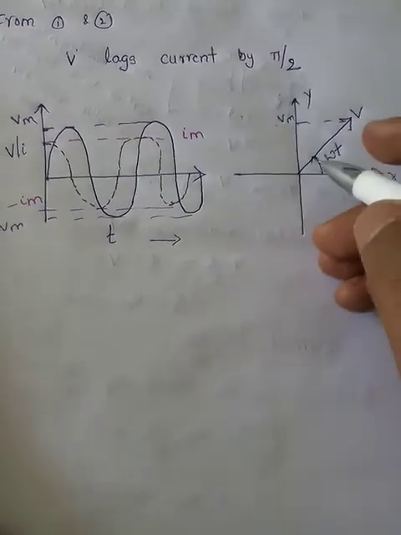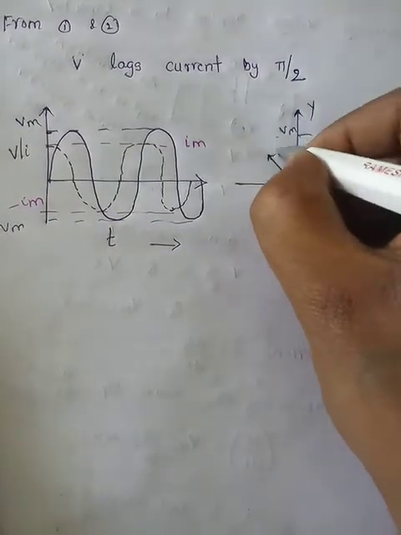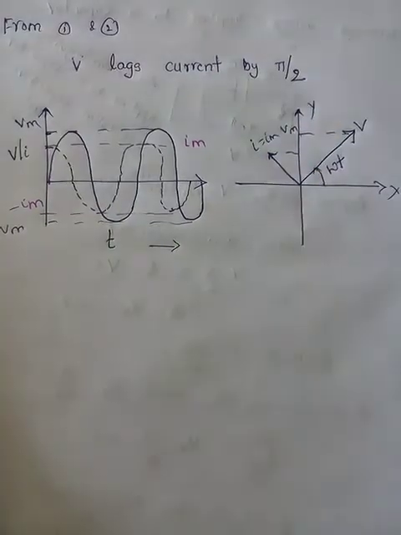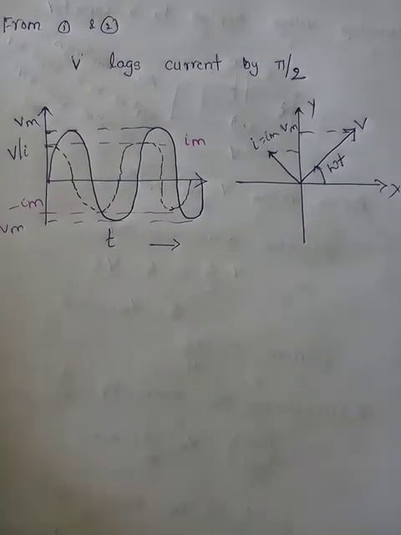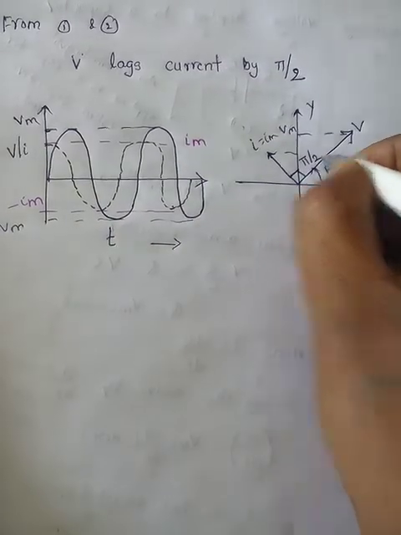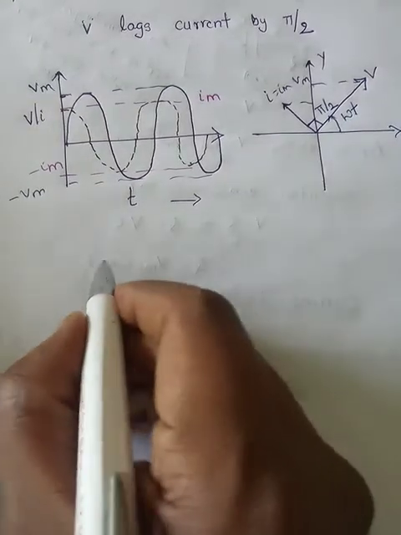The current leads, so this is I, equal to Im. What is the angle here? Pi by 2. Here the phase angle phi is equal to pi by 2.